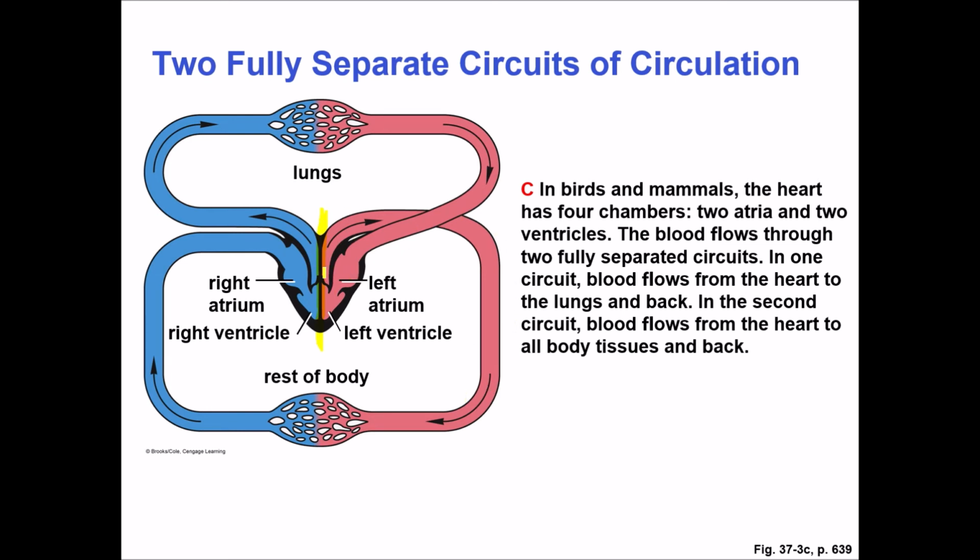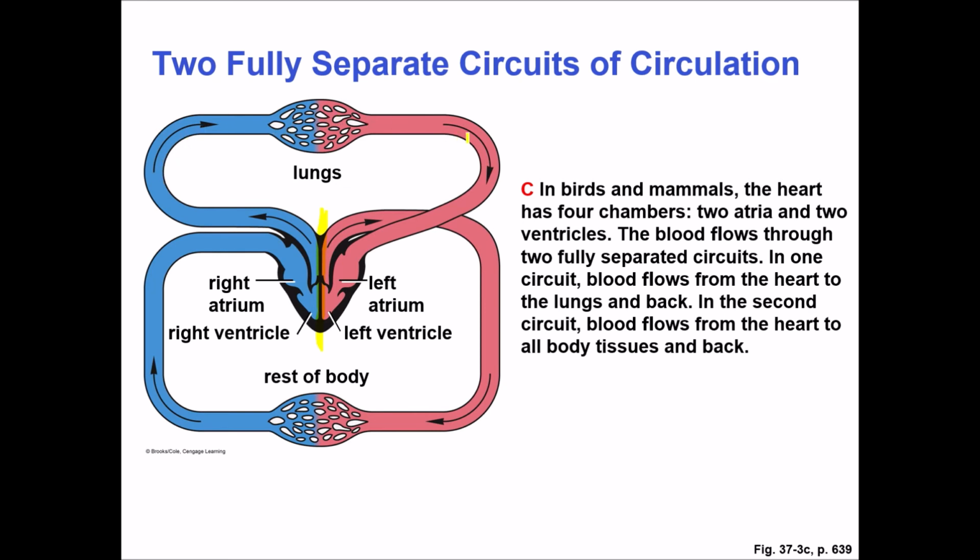Then imagine this: oxygenated blood travels to the rest of the body. Then after it goes through the rest of the body, it goes into the veins. It is collected, and it is deoxygenated. Then when it gets to the right atrium, the blood goes to the right ventricle, and the ventricle pumps the blood into the veins that go into the lungs.